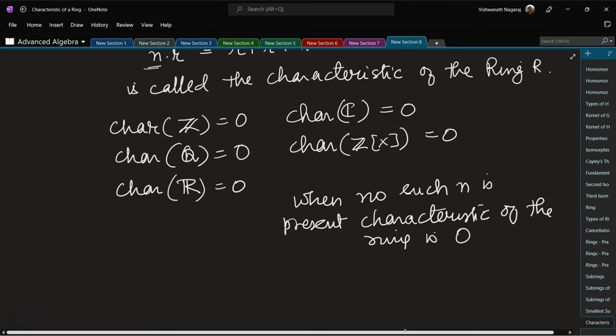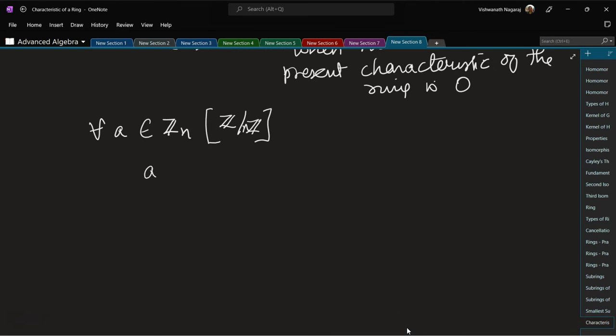Here, for all a belonging to Zn, which can also be written as Z by nZ, if you take an element and keep adding it to itself a certain number of times, you will get back to 0, right?